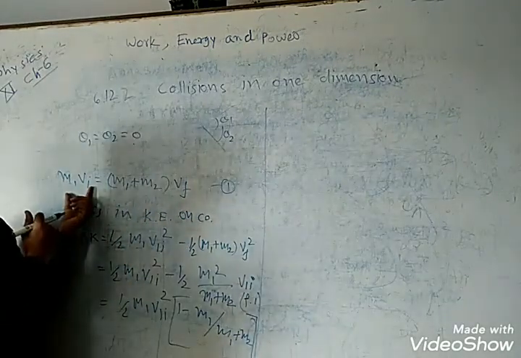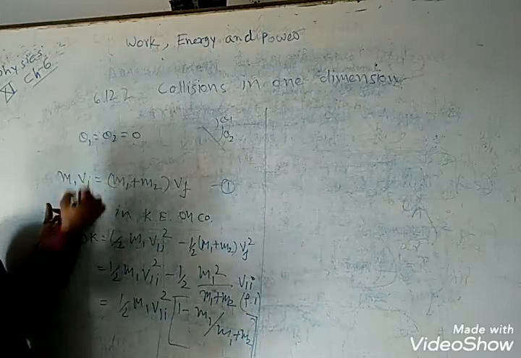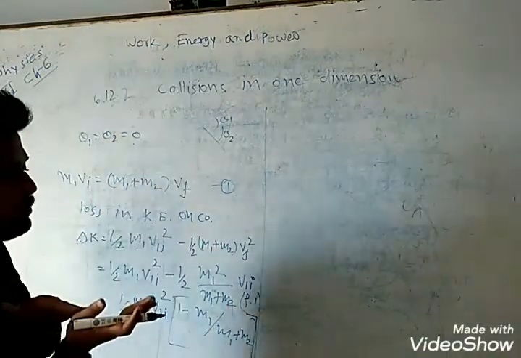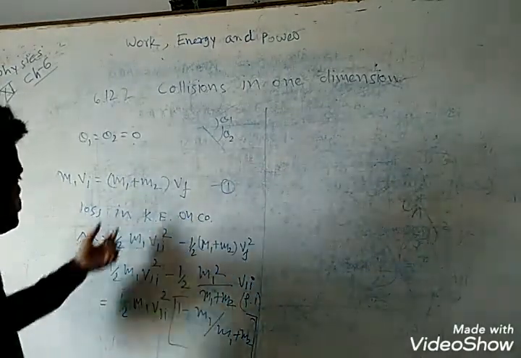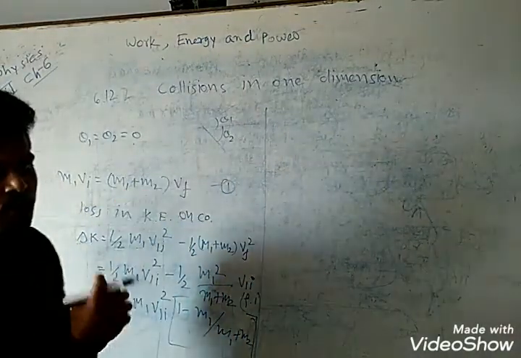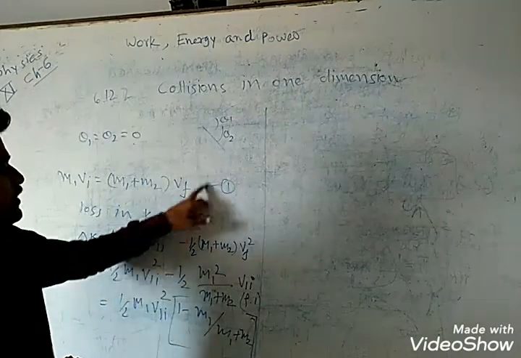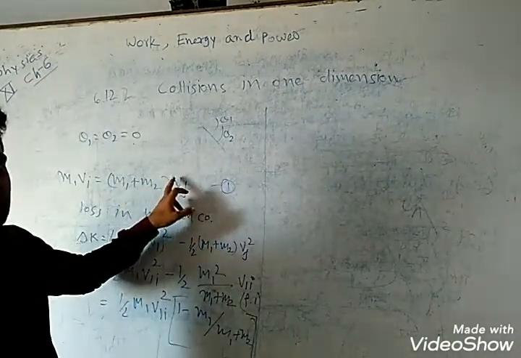Before collision, m1 v1i; after collision both objects move in the same direction, so the combination of the two masses, m1 plus m2, into the final speed.